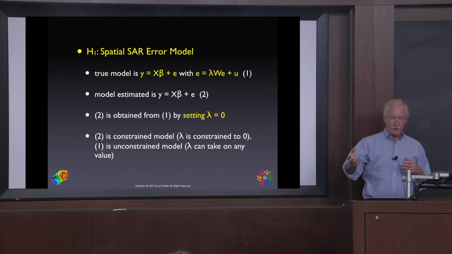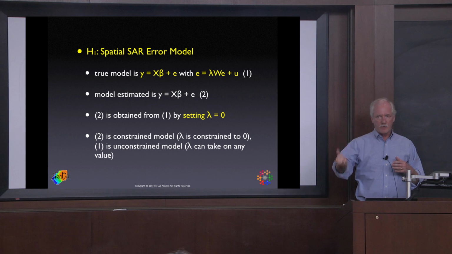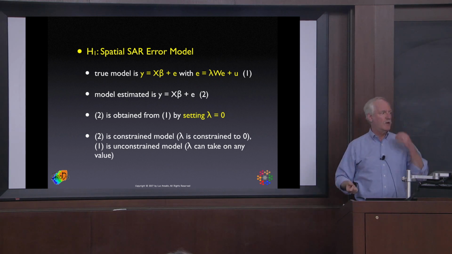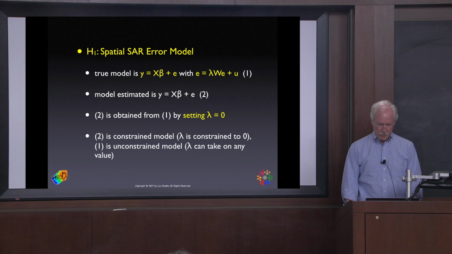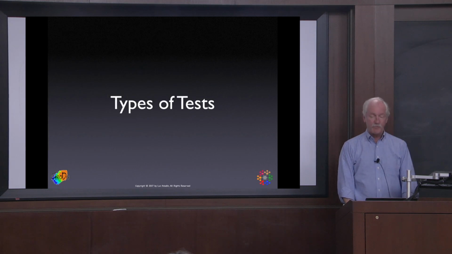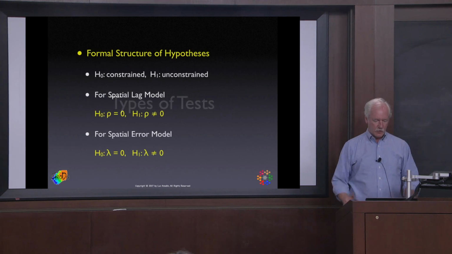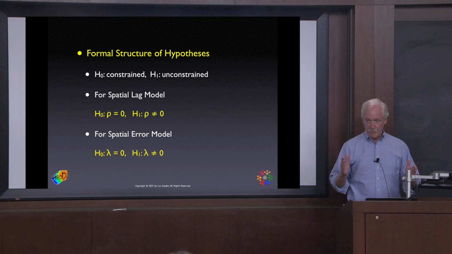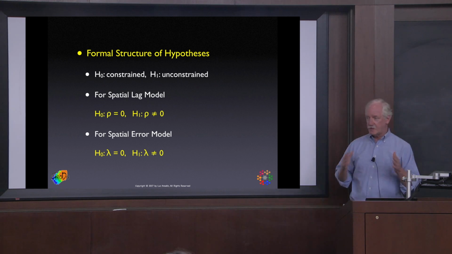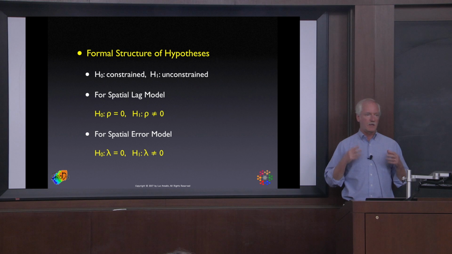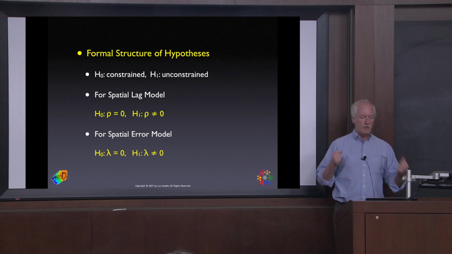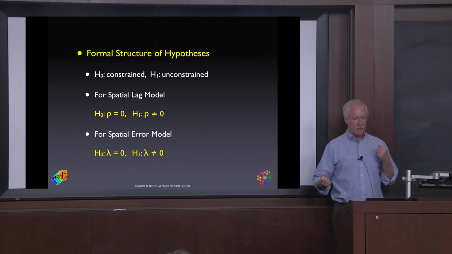So unconstrained is the model with the spatial autoregressive error term. Constrained is your standard regression specification. So how do we approach this? They're all the same. And I repeat this a lot because I know from experience that this is a source of confusion, which one is constrained and which one is unconstrained.